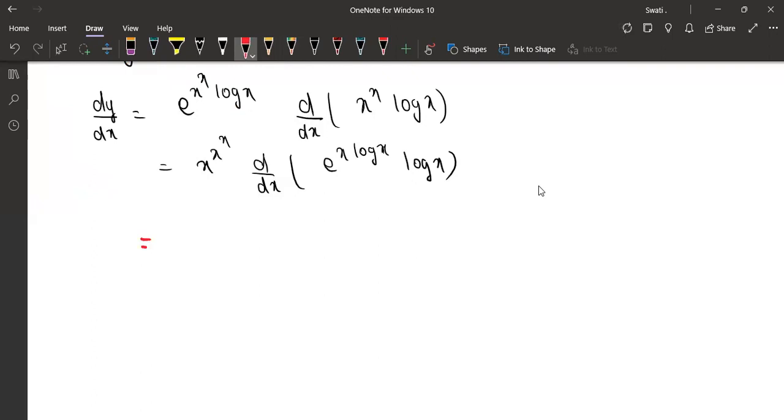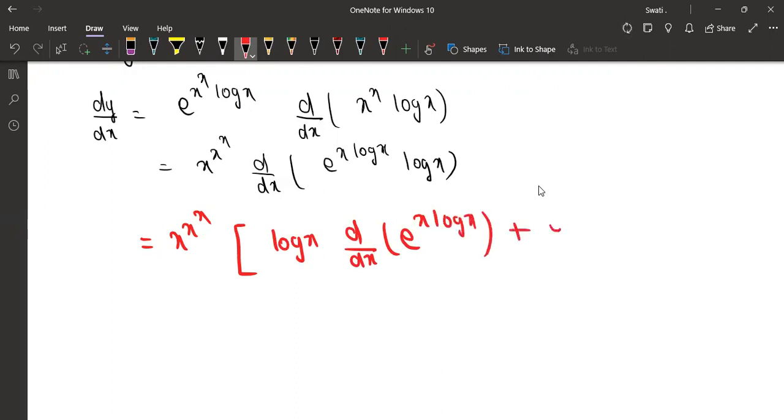So this will become x raised to x raised to x, and here by product rule, I'm keeping log x constant and doing the derivative of e raised to x log x plus keeping e raised to x log x constant, right? And then doing the derivative of log x.